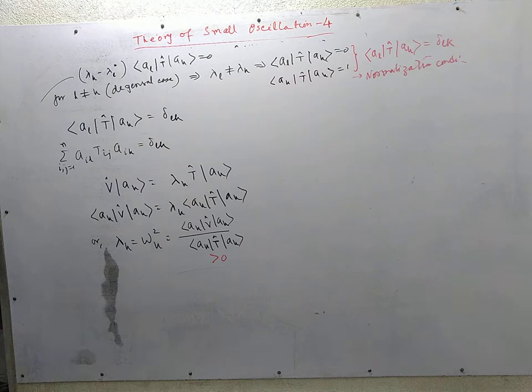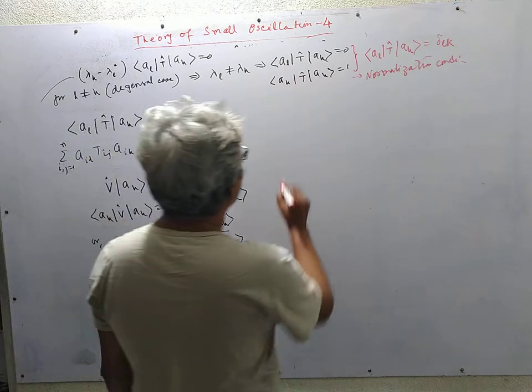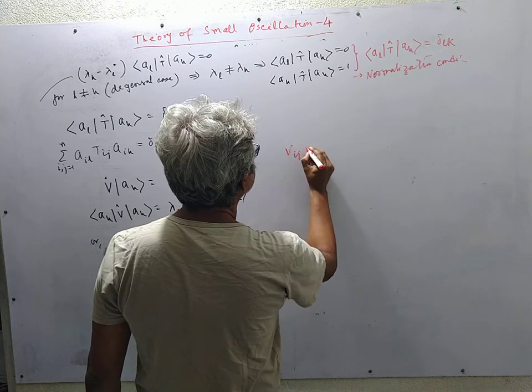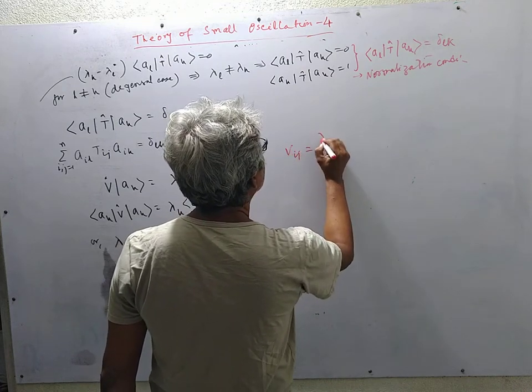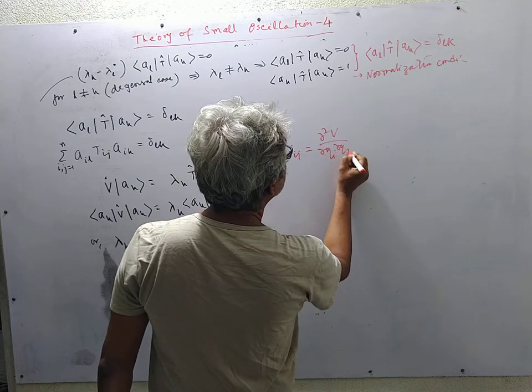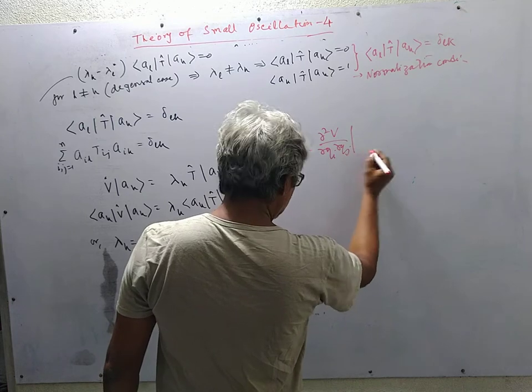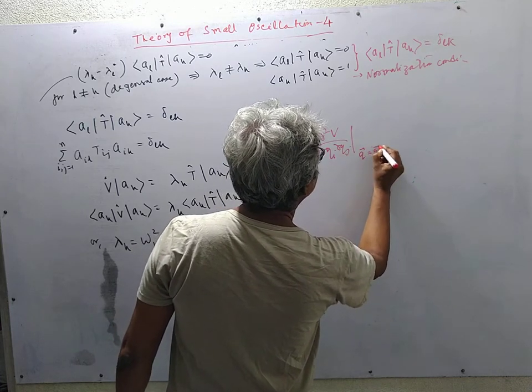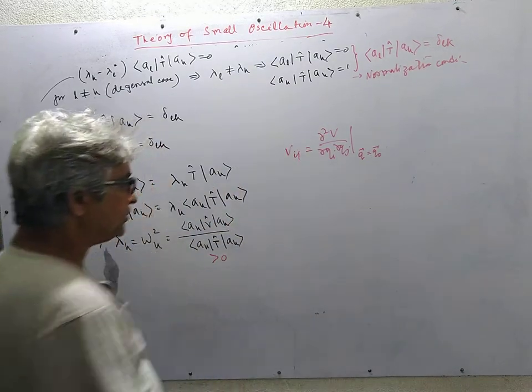What happens to the numerator? Consider the matrix elements of V matrix, V_ij. These are basically twice the second derivative of V with respect to Q_i and Q_j, evaluated at the equilibrium position.